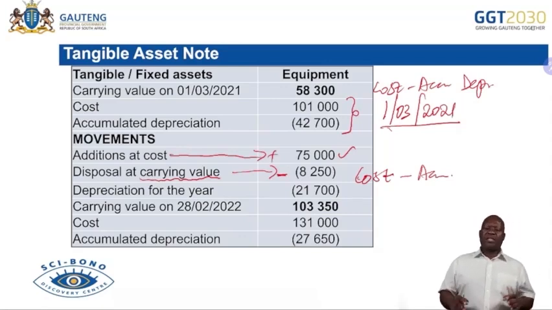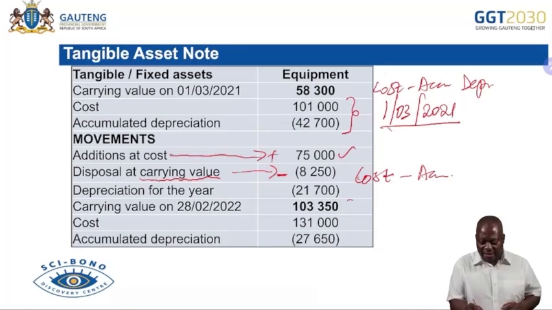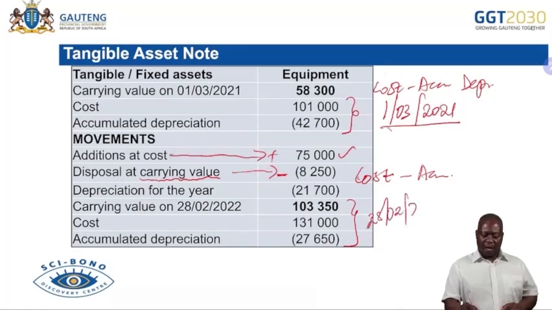Now, the most important part is the link between the balances that we have at start and the balances that we have at the end. Remember, this is now the end of the year, which is on 28 February 2022. Very important.